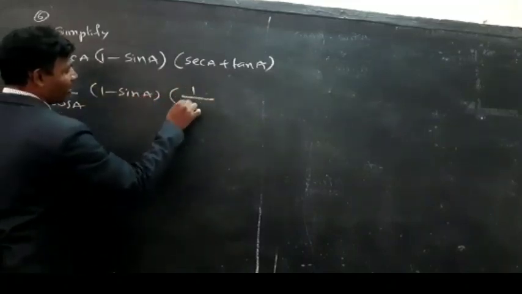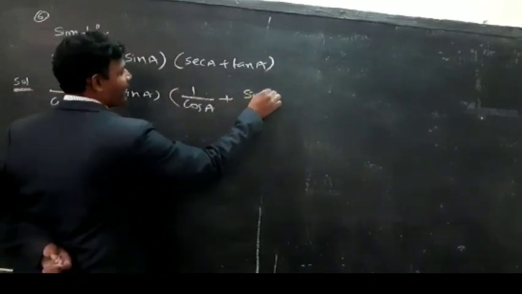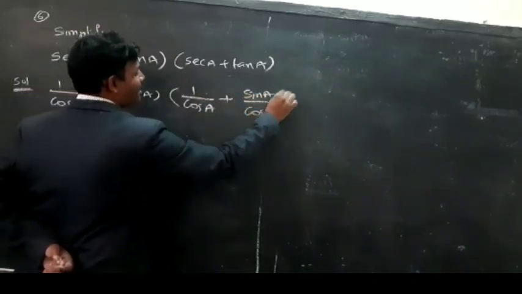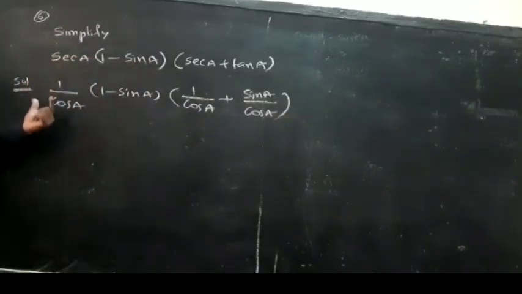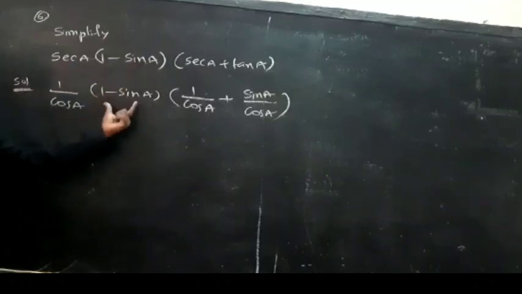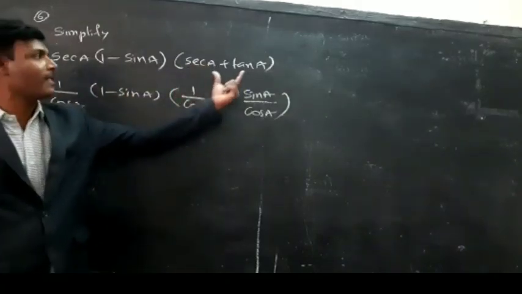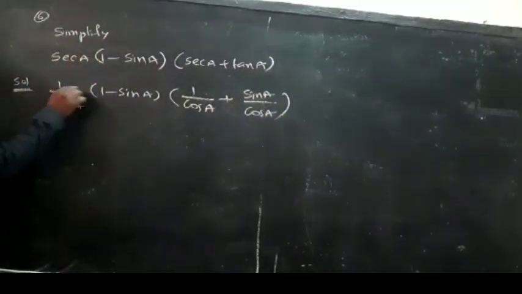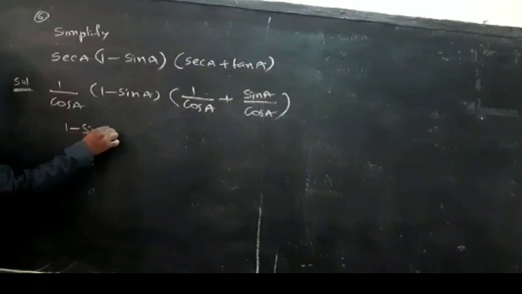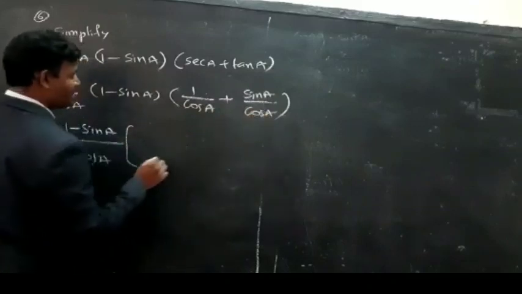Once again, sec A we can write as 1 by cos A, plus tan A we can write as sin A by cos A. So sec A I am writing as 1 by cos A, 1 minus sin A as it is, and sec A plus tan A is nothing but 1 by cos A plus sin A by cos A. After this, (1 minus sin A) by cos A into, see here, what is the LCM?